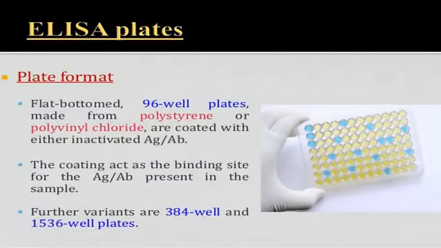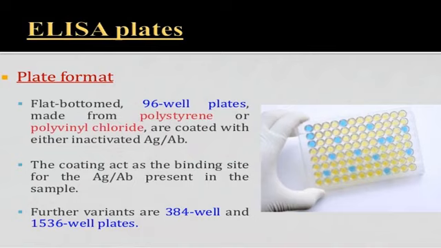Of course, the ELISA plate we use has certain specifications. It must be flat bottom, because some of the plates have a round bottom or V-shaped bottom. The ones we use to coat the antigen or the antibody are flat bottom. 96-well plates made from polystyrene or polyvinyl chloride are coated with either inactivated antigen or antibodies.